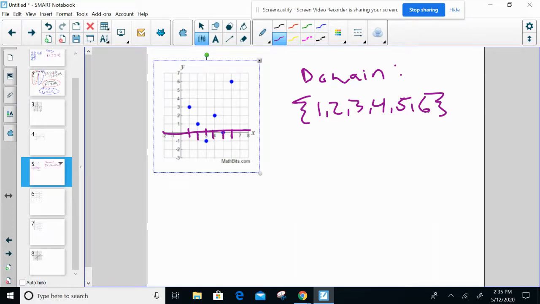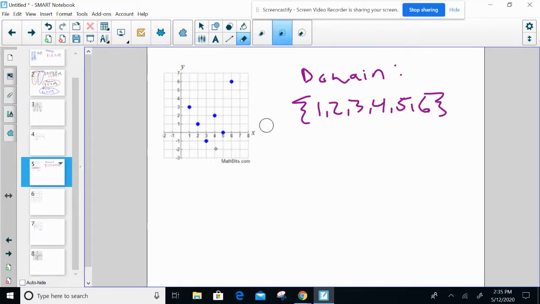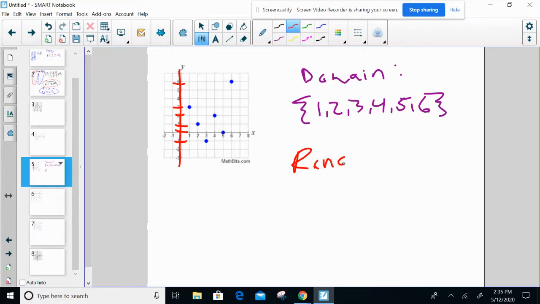Cool. And for the y, go to the y-axis. What do we got? We got a -1, we got a 0, a 1, a 2, a 3, and a 6. You can just eyeball it by looking at, we have a -1, 0, 1, 2, 3, and a 6.